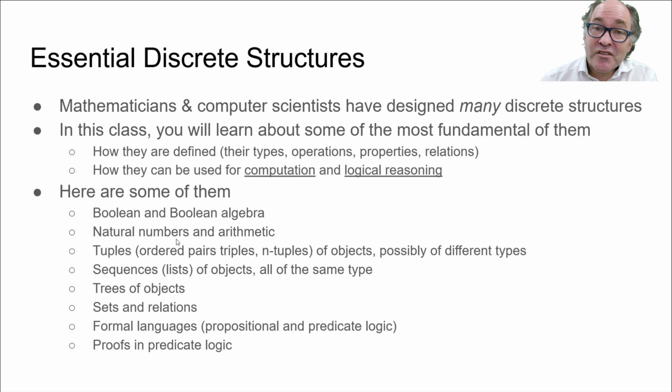We're going to talk about sets and relations in this class, and sets and relations go to notions of properties and relations. And finally, formal languages, in particular languages like predicate logic and propositional logic, which we're going to talk a lot about. Languages are themselves discrete structures.